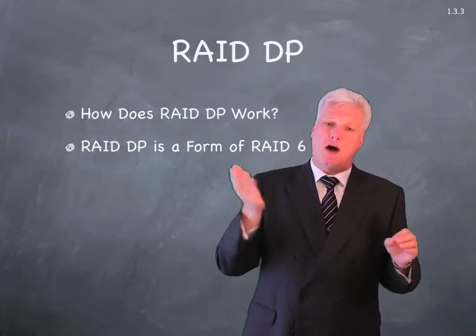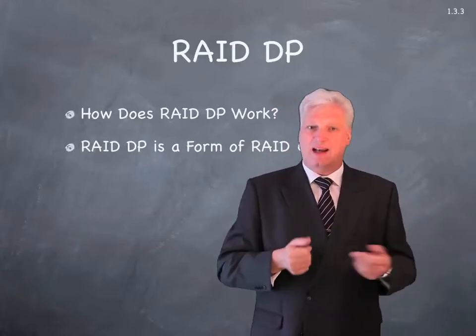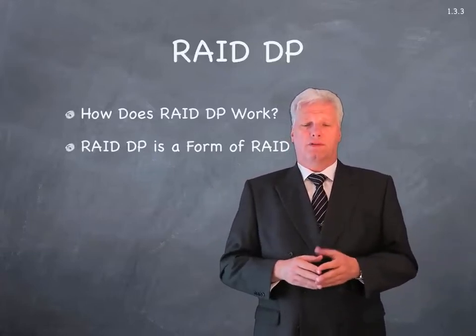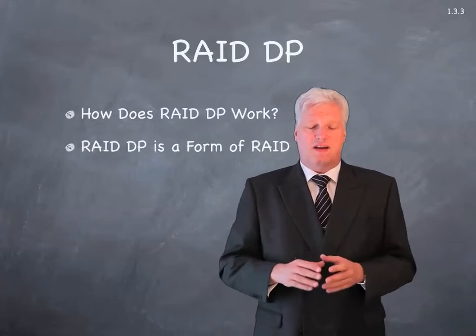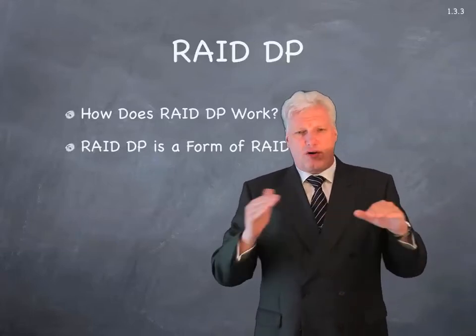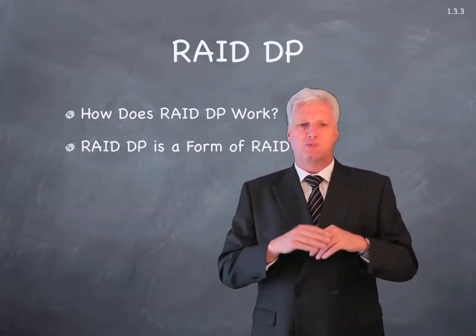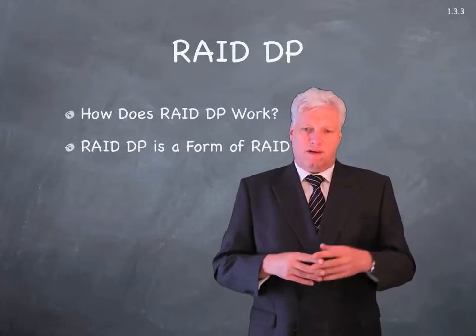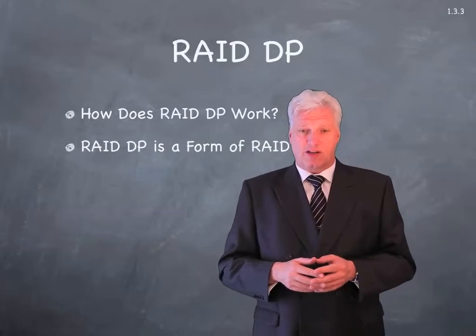That will become part of another diagonal stripe, which again allows us to find a diagonal stripe that before had two blocks unknown. Using a combination of horizontal and diagonal parity calculations, we can rebuild the entire contents of even a RAID group that has two disks missing.